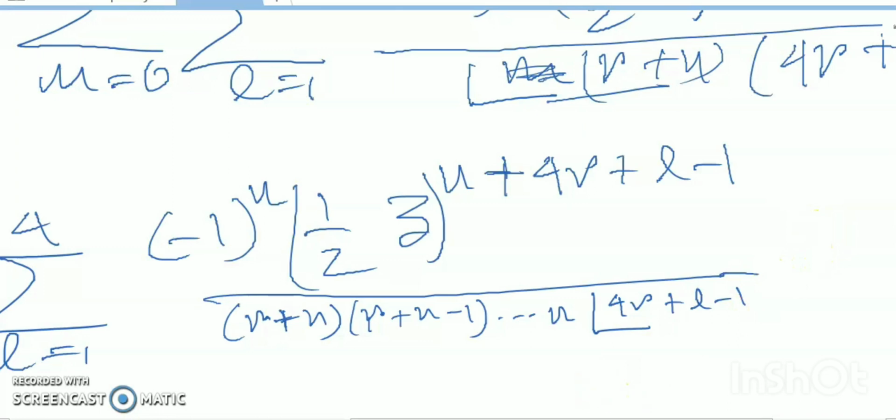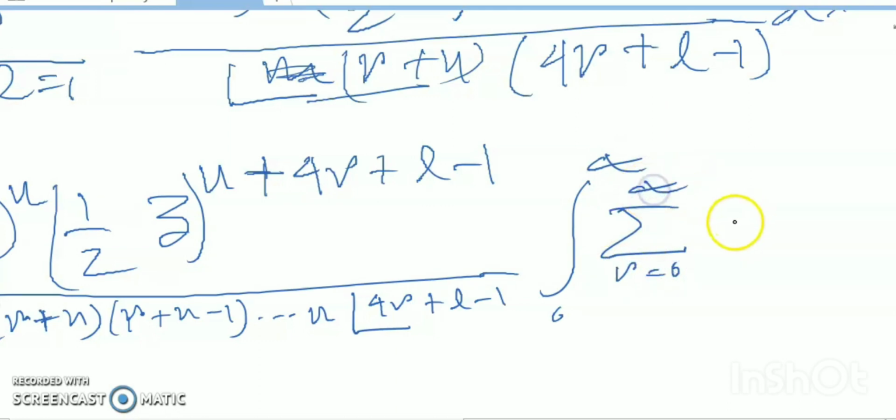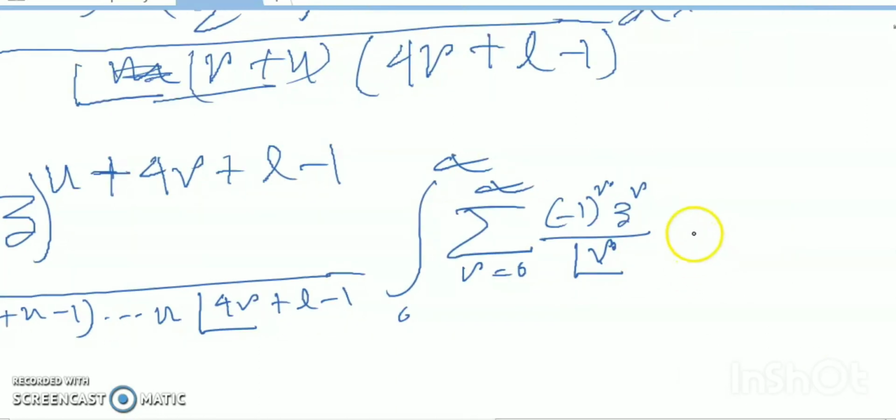And in here I multiply 0 to infinity, summation r equals 0 to infinity, minus 1 to the power r, z to the power r divided by r factorial, z to the power r, 4n minus l plus 1 into dt.